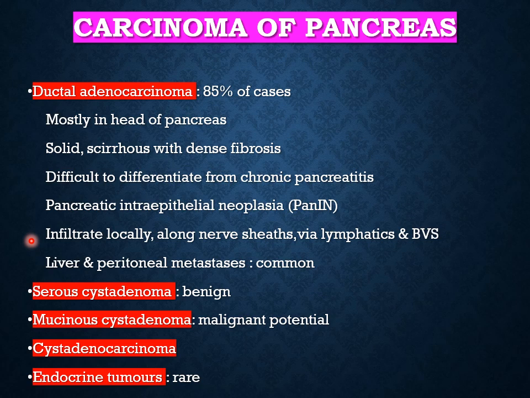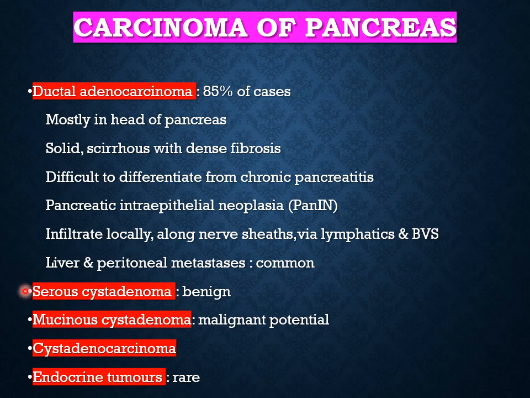Carcinoma of the pancreas tends to infiltrate locally along the nerve sheaths, via lymphatics and blood vessels. Liver and peritoneal metastases are also common. Serous cystadenoma is another important group of diseases, a benign disease, which can occur in the pancreas from time to time.